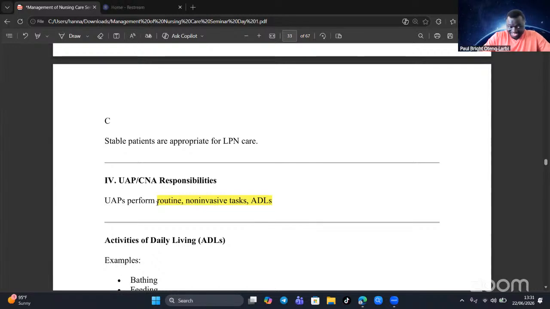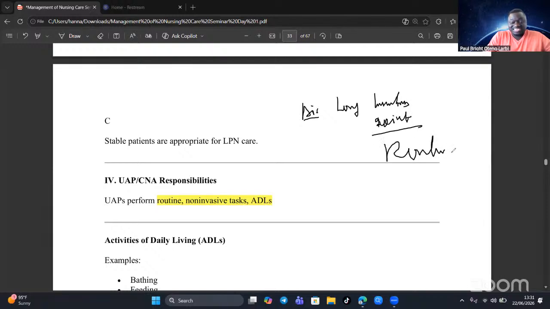Is it routine? Routine as in activities of daily living? Okay. So a patient has been discharged or a patient on the ward takes their own long-acting insulin. Every night they will take a shot, let's say 20 units. This is a routine activity.